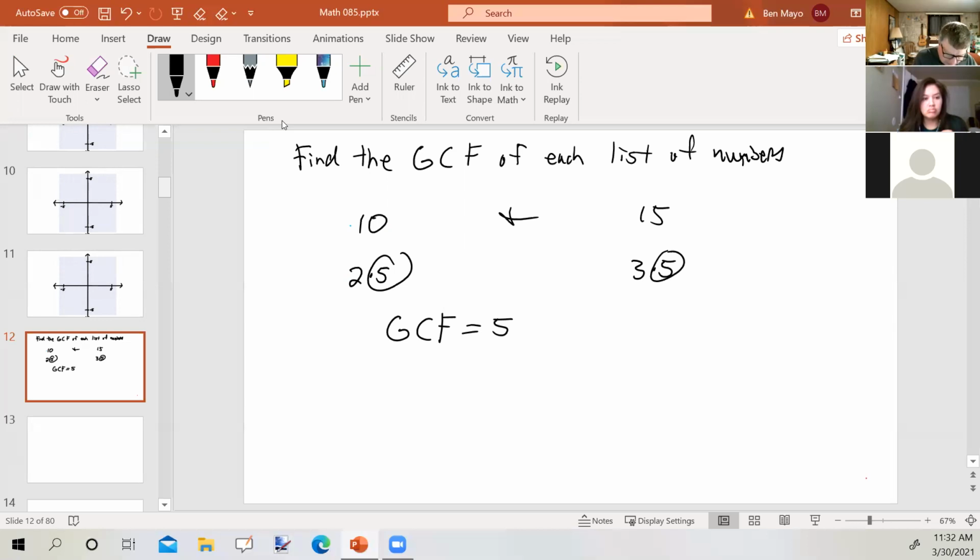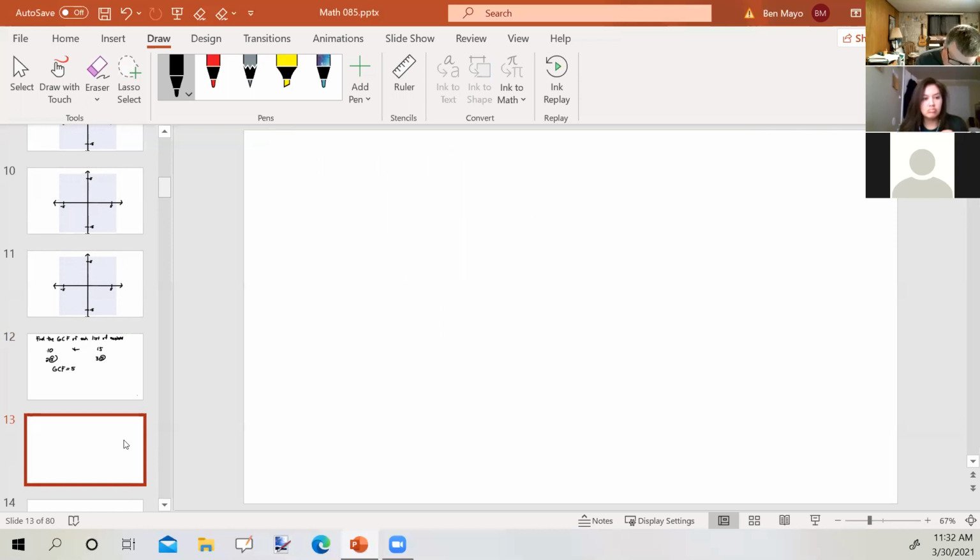All right, let's take a look at another example. Same directions. Find the greatest common factor of 28, 35, and 21. Well, 28 is 4 times 7, or 2 times 2 times 7. 35 is 5 times 7, and 21 is 3 times 7.